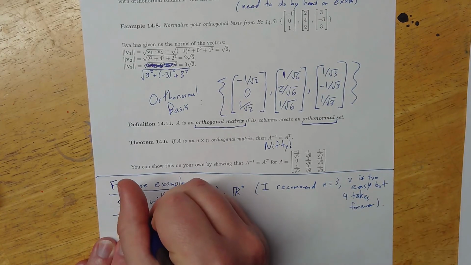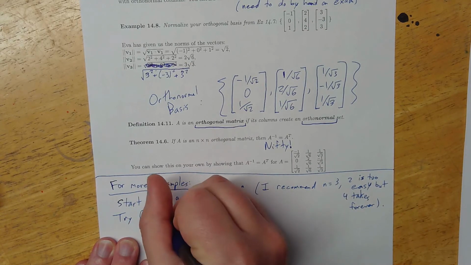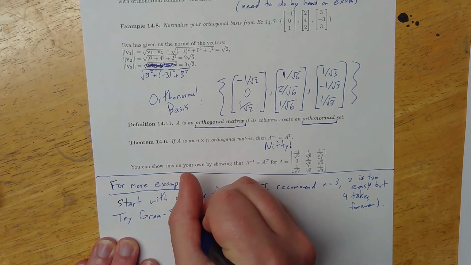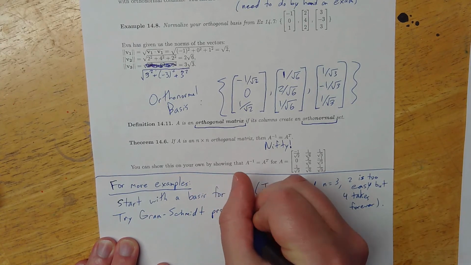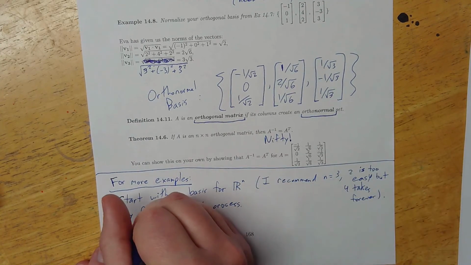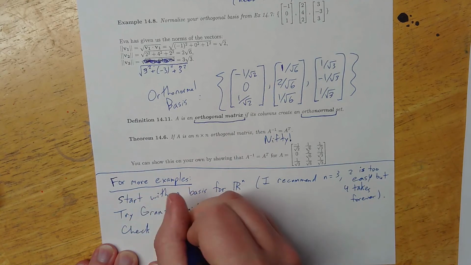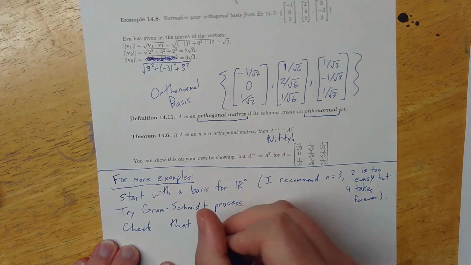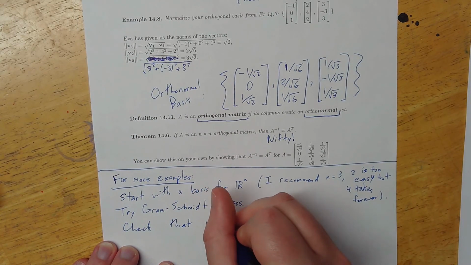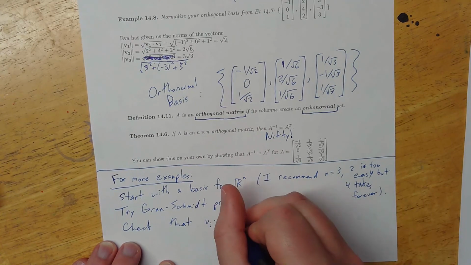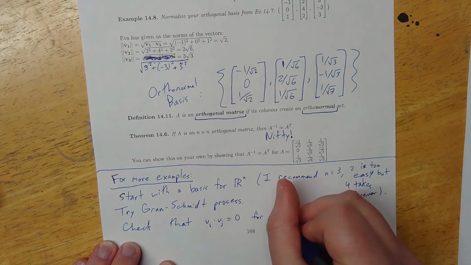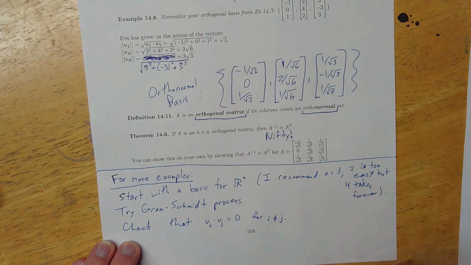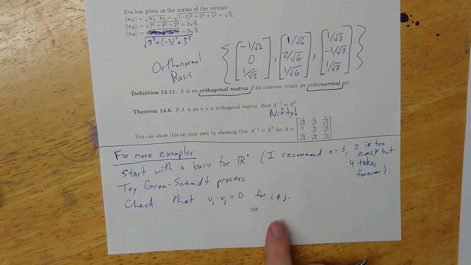Try the Gram-Schmidt process, and then check that each of the dot products equals 0 for all the different vectors where they're not equal to each other.